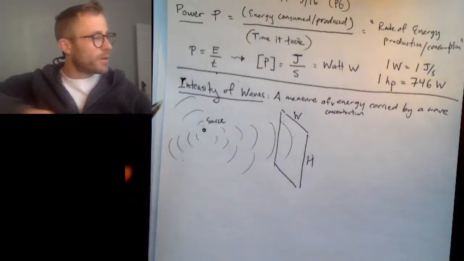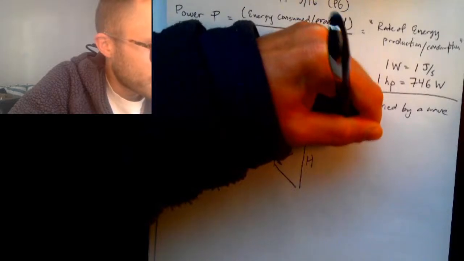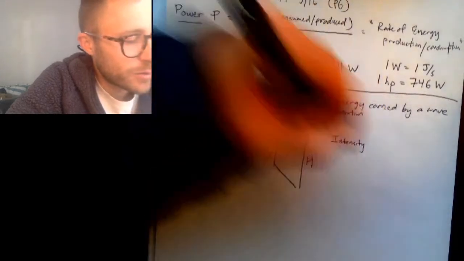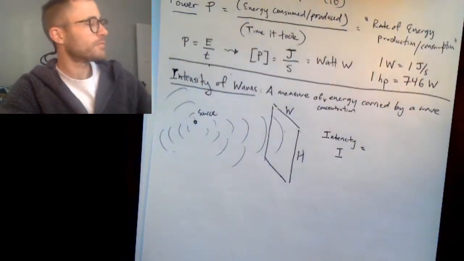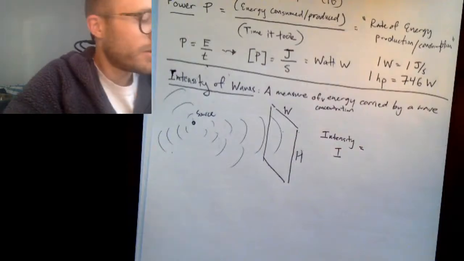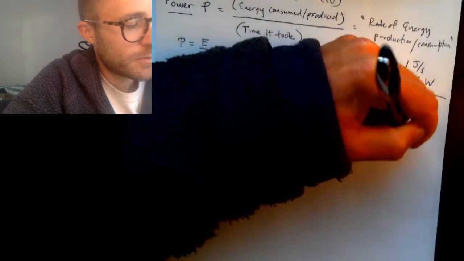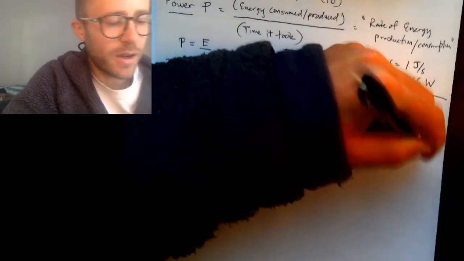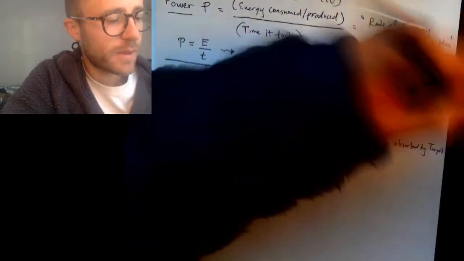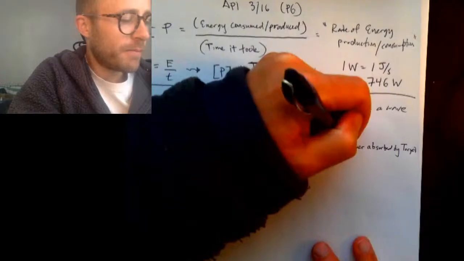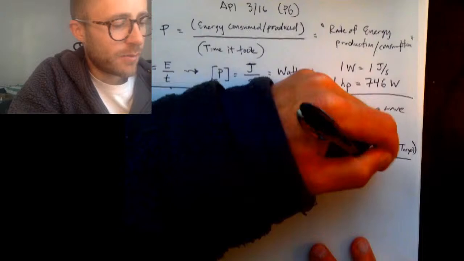The intensity, which is denoted by I, is equal to the power absorbed by the wall, and I'm going to say the target, actually. We can think about it like a target, divided by the area of the target.